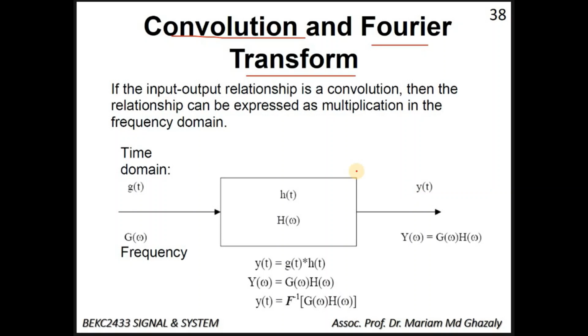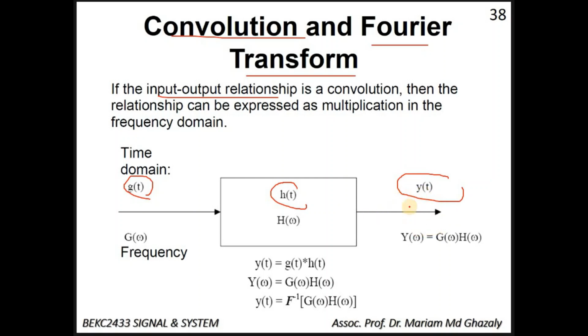So now let's look at the advantages of using Fourier transform when you have to multiply two signals. Here we are given the input-output relationship, which is a convolution. If you remember in chapter 2, when you're given a system h(t), for example a motor, you have an input, which might be a voltage, given by g(t), and you want to see the speed of the motor rotation, given by y(t).